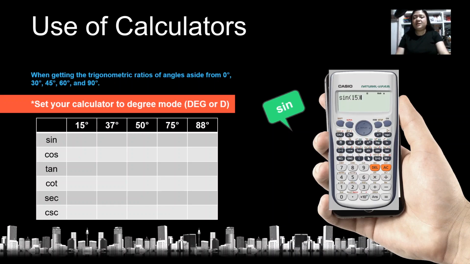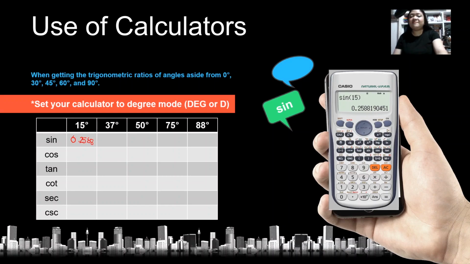So sine 15 is equal to, when it is written in radical form, square root of 6 minus square root of 2 all over 4. But in decimal form, we are going to write our values into, let's say, 4 decimal places. So here we have 0.258819041. We will only limit to 4 decimal places, so we will get 0.2588. Since on the right of 8, we have 1, it will be written as 0.2588.